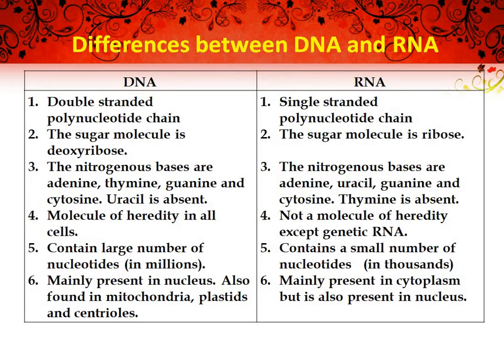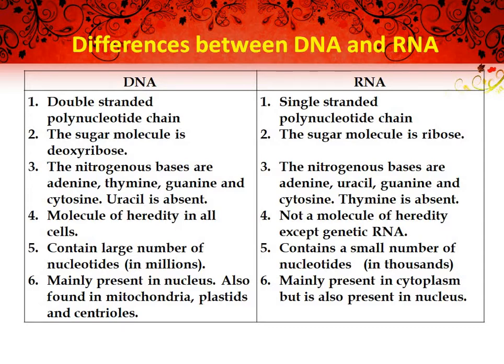Now in the previous class we had seen the structure of DNA, so let's compare and find the differences between the DNA and RNA. DNA is usually a double-stranded polynucleotide chain, whereas RNA is usually single-stranded if it is a non-genetic RNA.